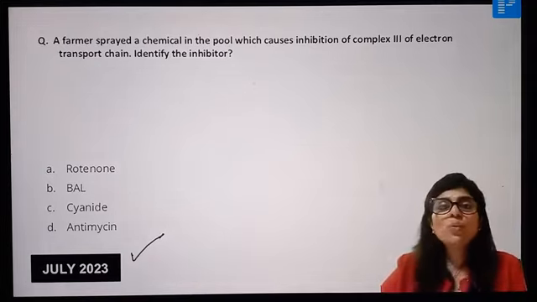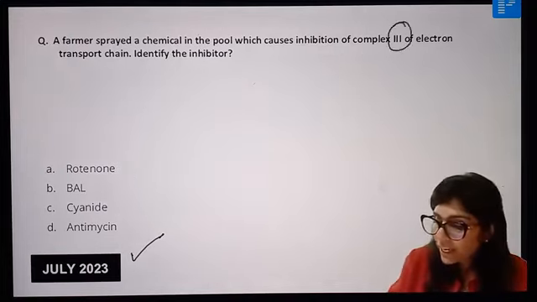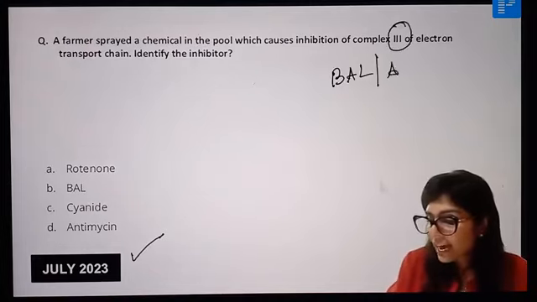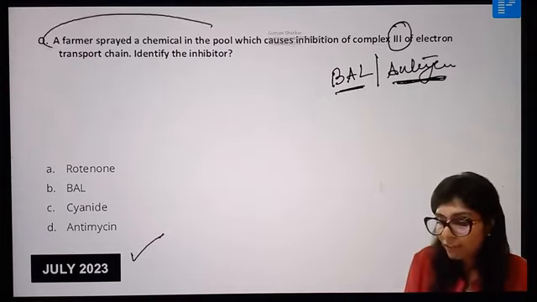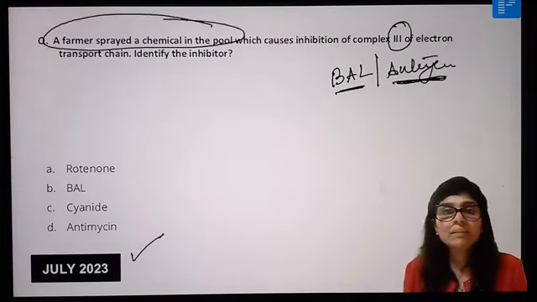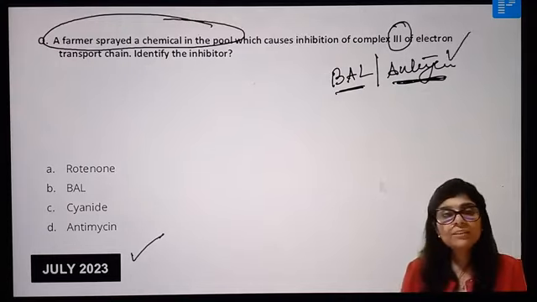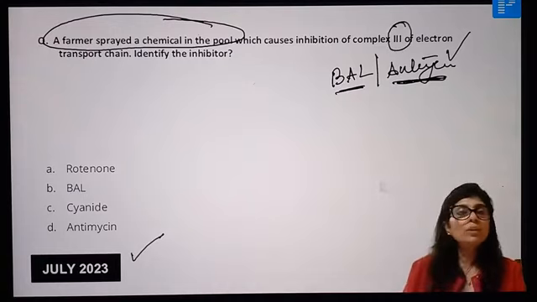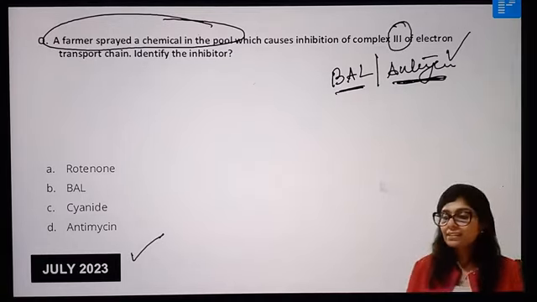Whenever complex 3 is inhibited, it is either BAL or antimycin. But the clue is a farmer has sprayed a chemical, so it is antimycin. Though there are two answers here, a farmer will not be spraying BAL. So the answer is antimycin.